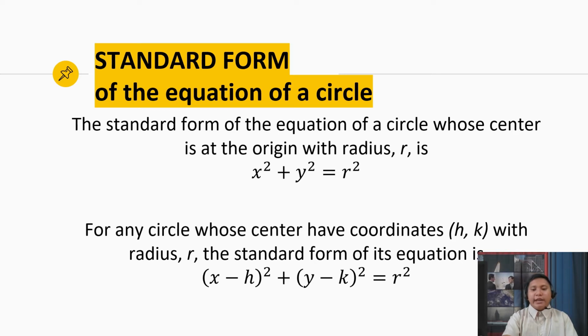On the other hand, if it has the coordinates h and k, its equation would be (x minus h) squared plus (y minus k) squared is equal to r squared.